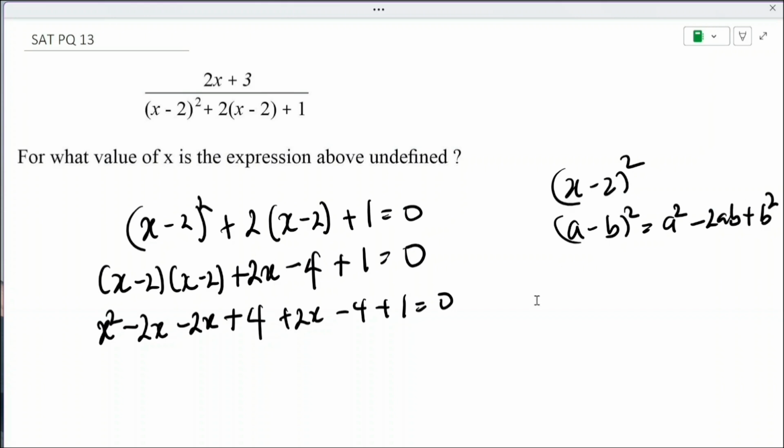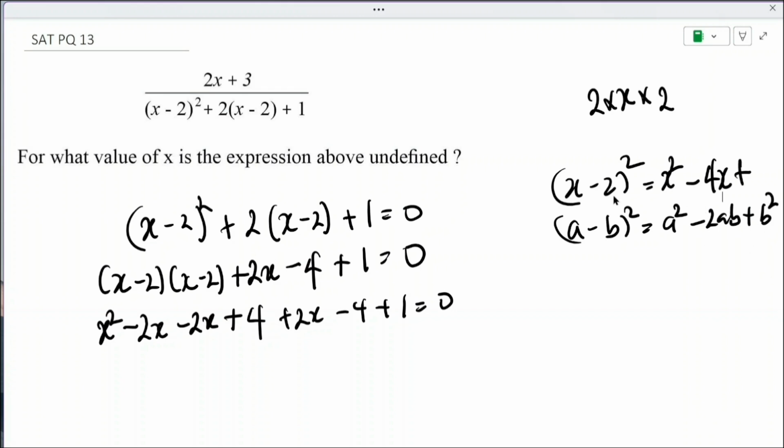So expanding this, you would have x squared, then minus 2ab. You have 2 times x, which is a, times 2, since b here is 2. 2 times 2 is 4, 4 times x is 4x. So you have negative 4x, plus b squared.